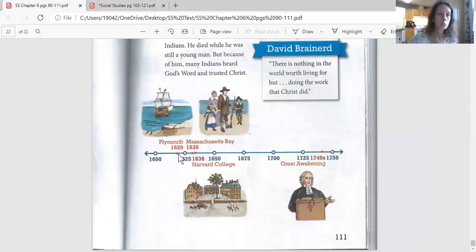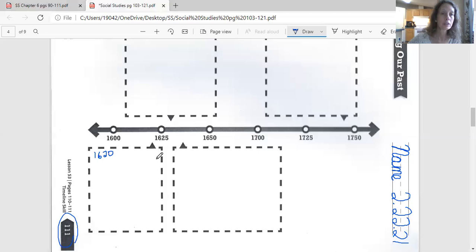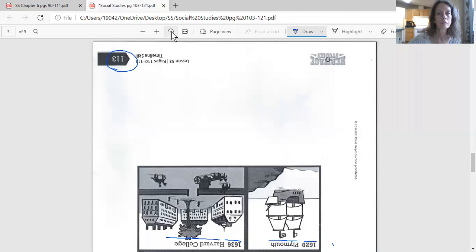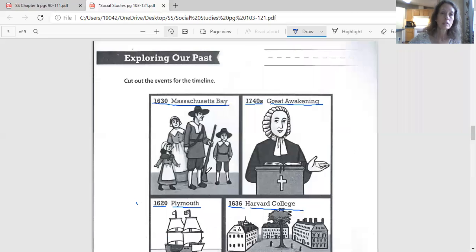In 1620, the Plymouth colony was formed. So let's go back to our work. I bet we can find it if we look. There it is.